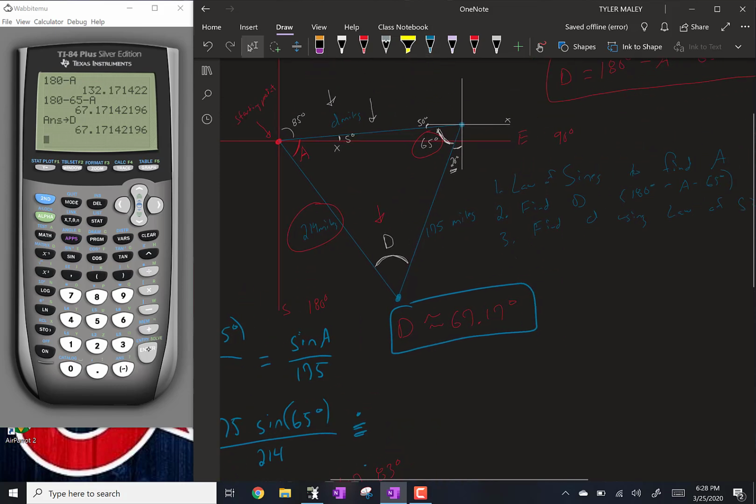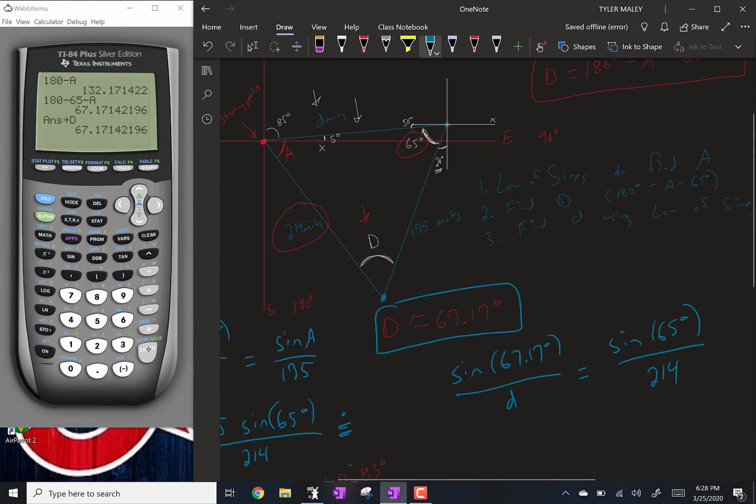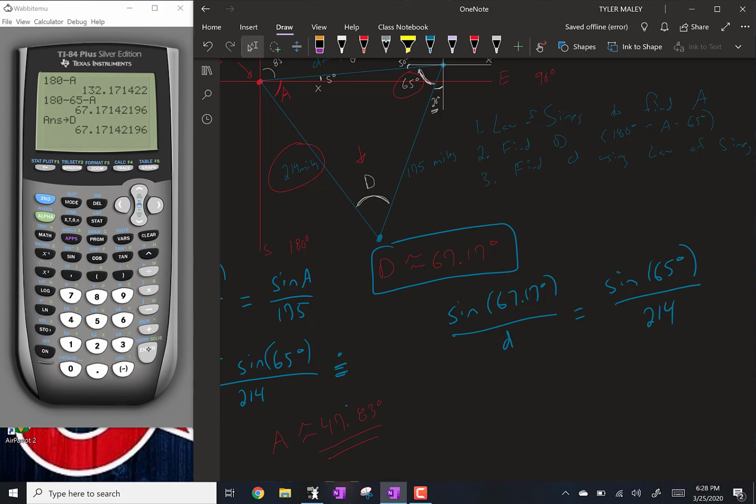So then I can apply the law of sines again. Sine of 67.17 degrees divided by little d is equal to sine of 65 degrees divided by 214, right? So d is going to be equal to 214 times sine of 67.17 degrees divided by sine of 65 degrees.